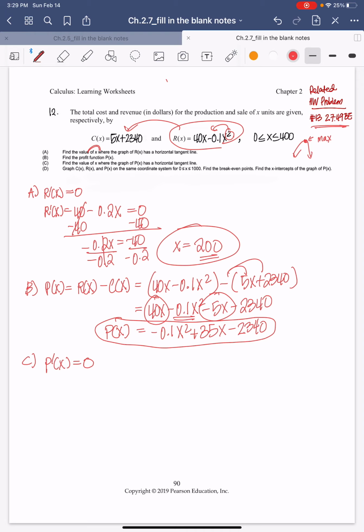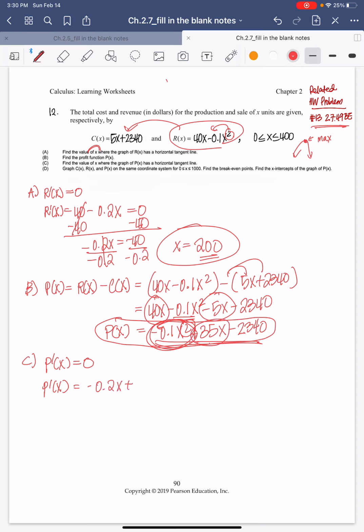All right, so that's easy. I have this function here. If I take the derivative of each term, first term, 2 comes down with a negative 0.1, 0.1 times 2, I have negative 0.2x.